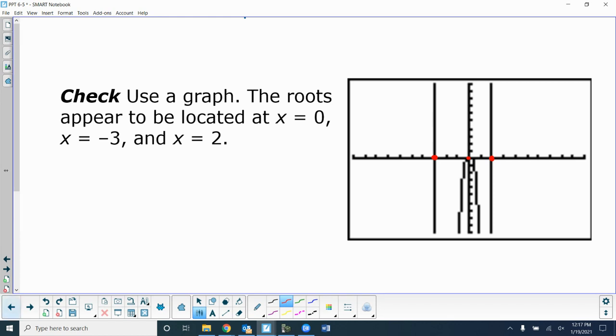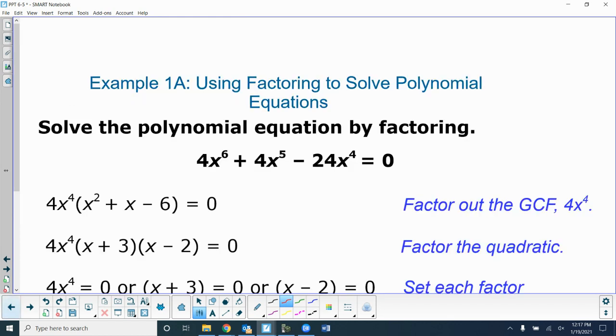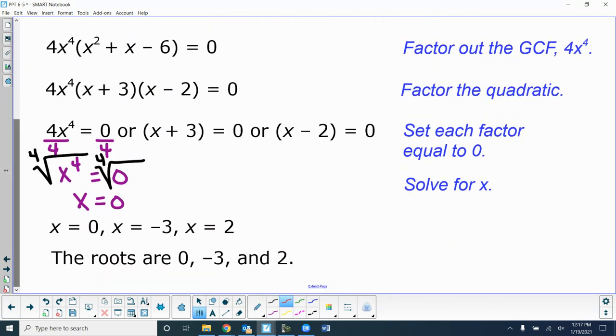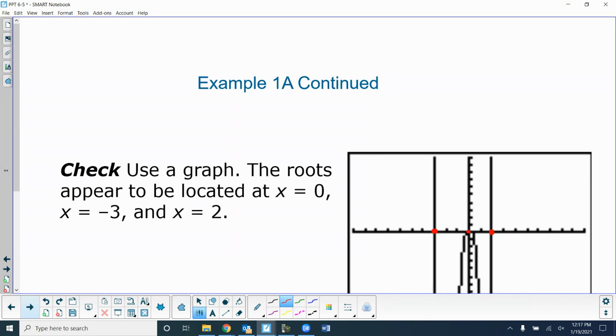Okay, so if you have trouble factoring something like that, where could you find these 3 answers? In your calculator. Right. Where do you look? On the graph. Where it crosses the x-axis.